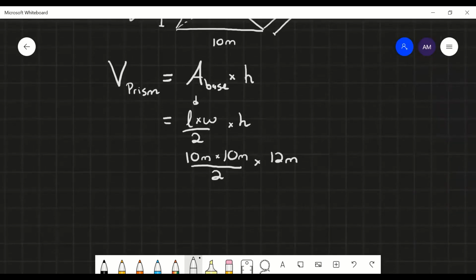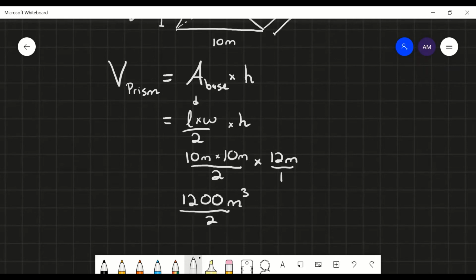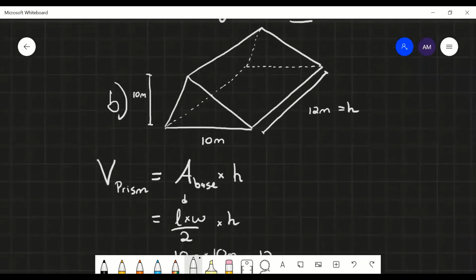Well, this is just some math to do. I'm going to put this over 1 because that's how we multiply fractions by other fractions. 10 times 10 times 12 is 100 times 12, which would be 1200 or 1200 meters cubed over 2, which if you do that division, you get 600 meters cubed. This would be our volume. So we can fit 600 cubic meters in this thing.